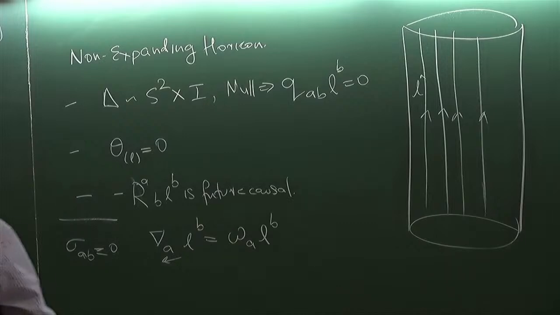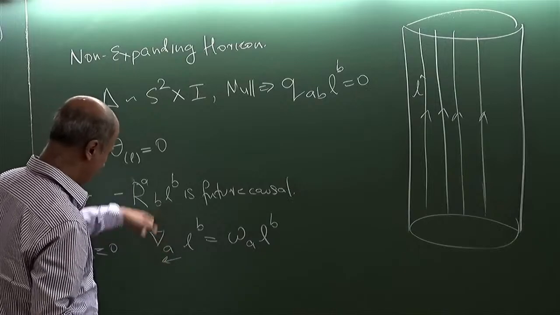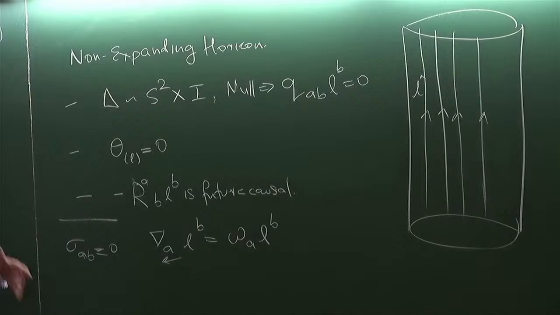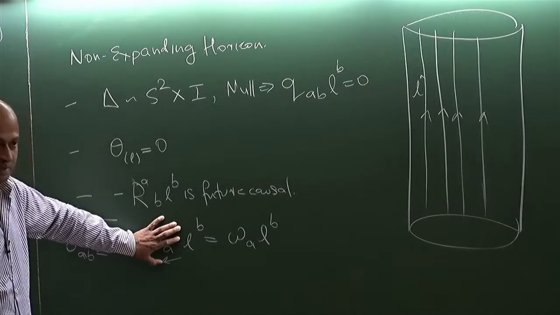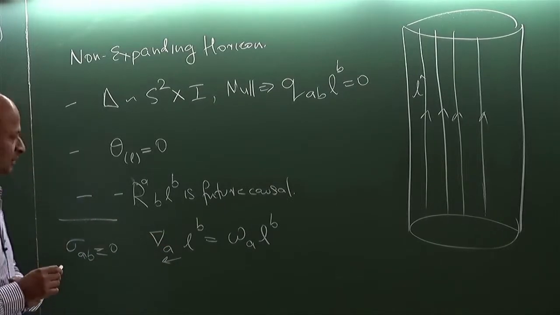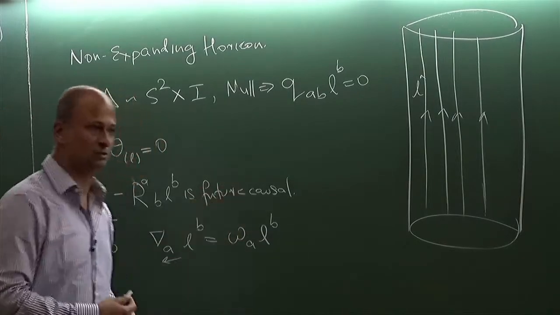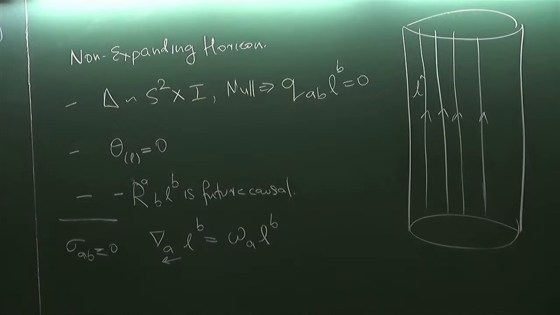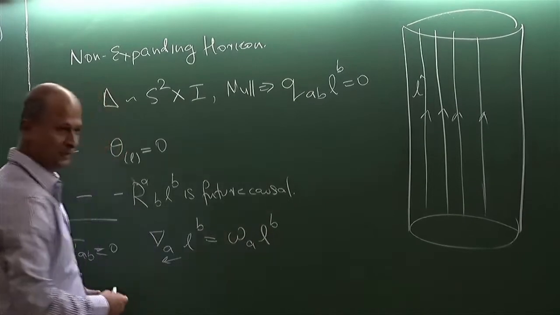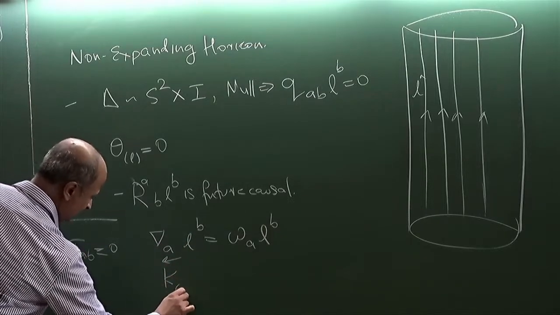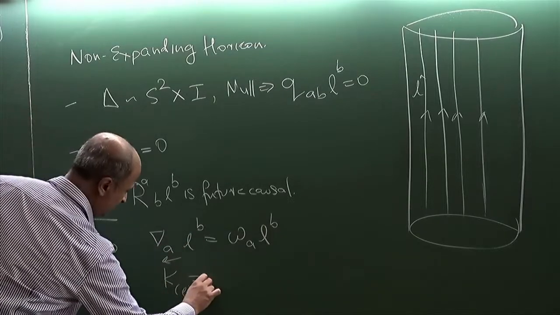So therefore, when I apply the covariant derivative to L and pull back this index onto the horizon, which means I only allow this to contract with things tangent to the horizon, then the result will be some one-form intrinsic to this horizon, to delta, multiplied by the null normal L. Okay? And the surface gravity corresponding to L is just the acceleration of this, so that is simply L^A omega_A.